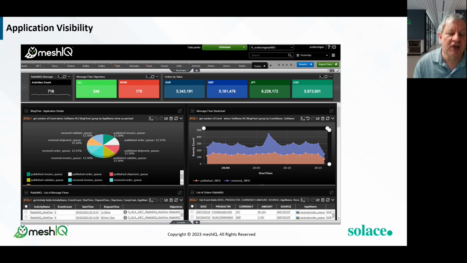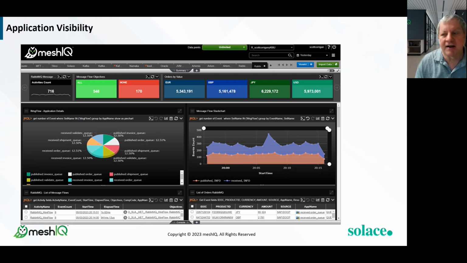Are we seeing changes in behavior? So we mentioned the machine learning aspects of being able to do analytics and watch for anomalies in behavior and to determine, are the trends going in a negative direction? Do we need to identify those, right? So that's a key part of the meshIQ platform.